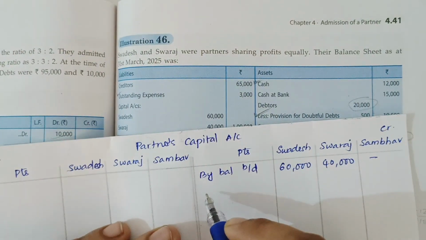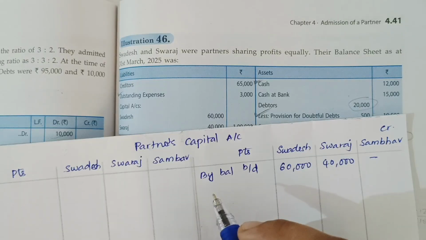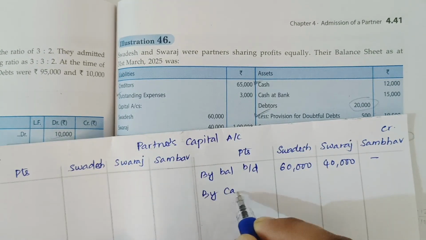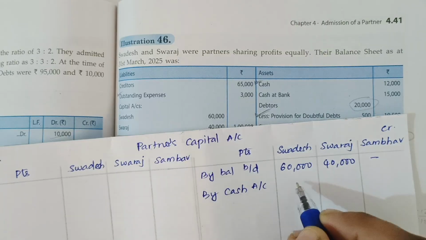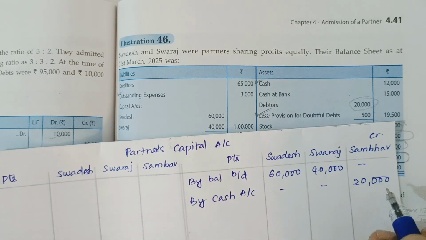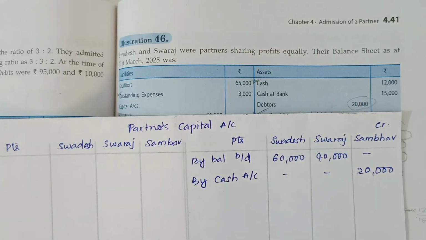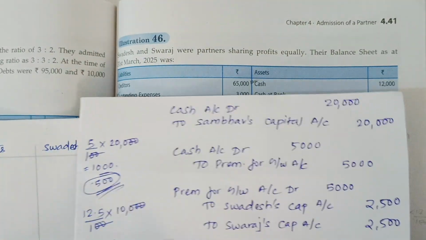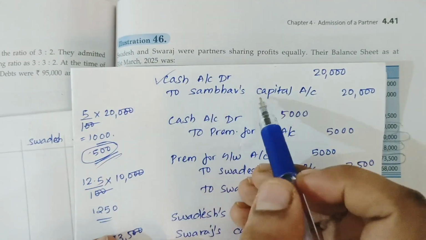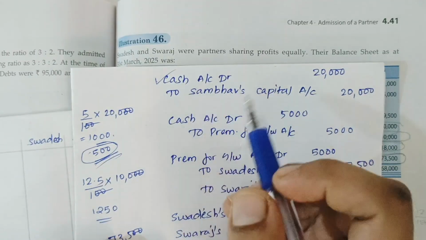So the journal entry was cash account debit to capital account. So by cash account, Sambhav 20,000. So this is recorded. Sambhav brought his capital, it's recorded.